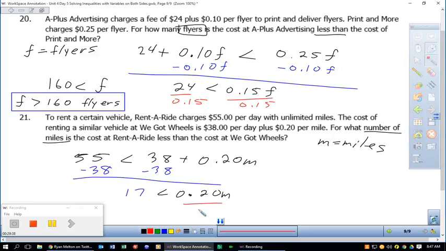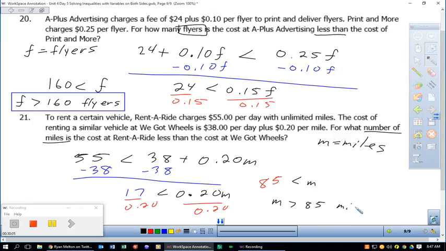Divide by 0.20. Sign will stay the same. That would be times 5. What is that? 85 maybe? Okay, 85. So 85 is less than miles. So I'm going to write this as m is greater than 85 miles.